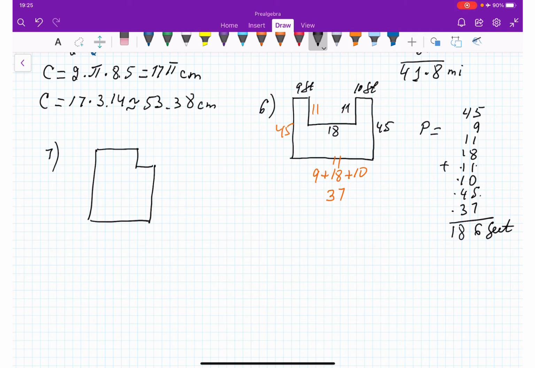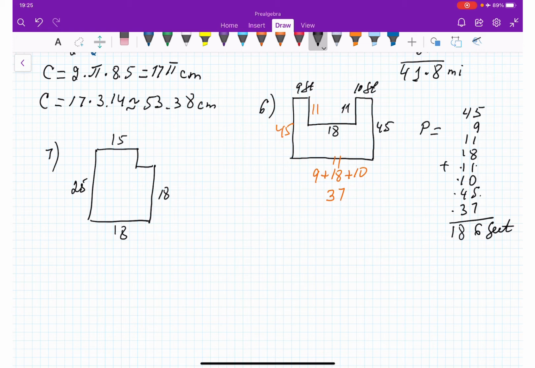So this is 25 meters. This is 15 meters. This is 18. And here it is, another 18.